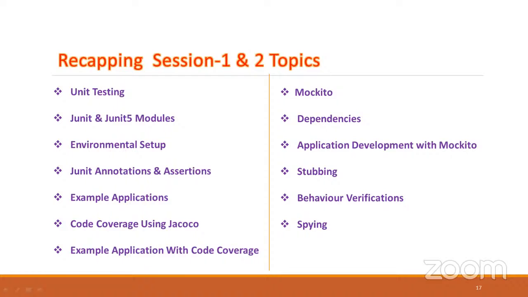Whenever you are writing test classes for a controller component or service component or the DAO component, those components depend upon some other components. Controller requires a service object, service requires the DAO object, right or not? In such cases, how can you isolate your unit testing with the help of a mocking framework?